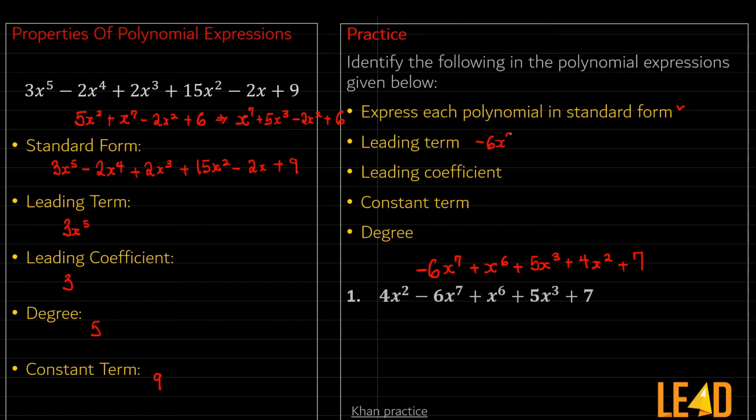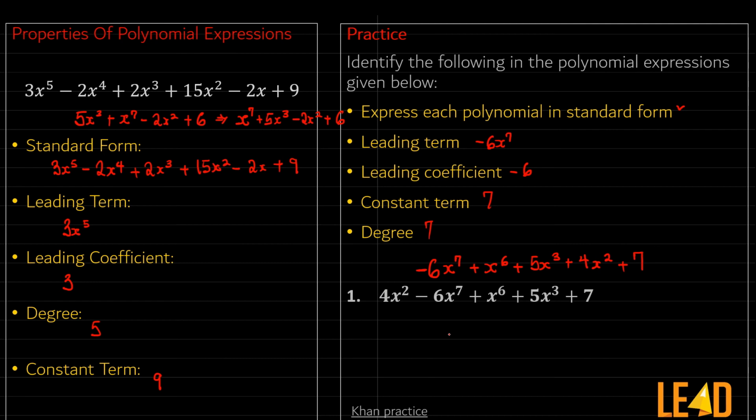The leading coefficient is negative 6, the coefficient of x to the power of 7. The constant term is 7, and the degree is also 7, because that's the highest power of x.